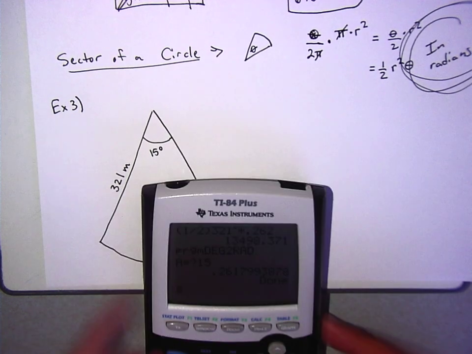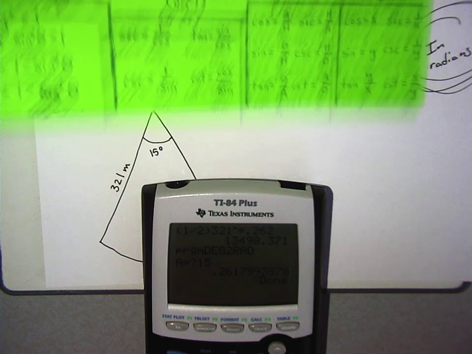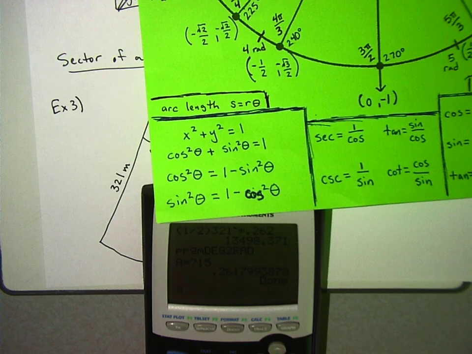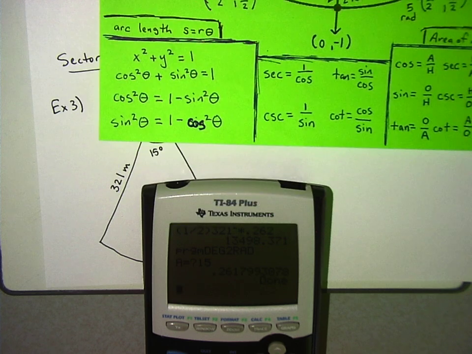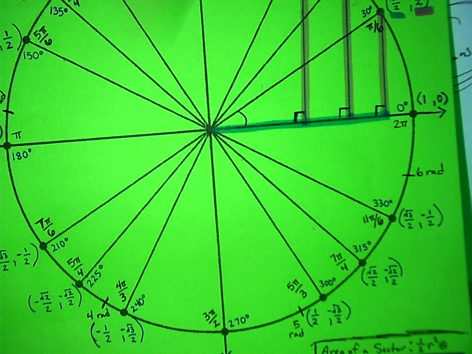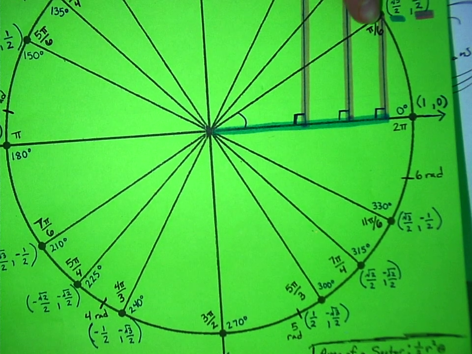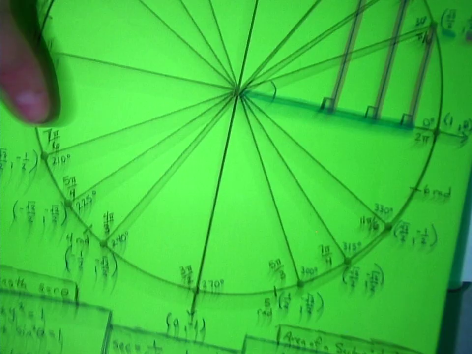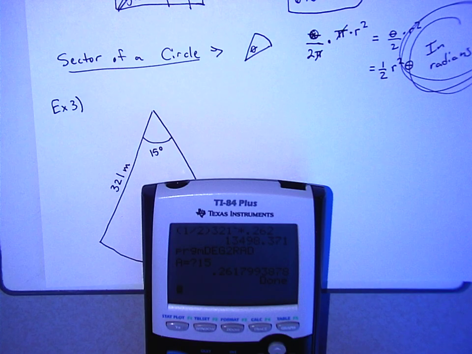And by the way, a fast way to do this one: we already know that 30 degrees is pi over 6, so 15 degrees would be pi over 12, because you split into 12 parts instead.